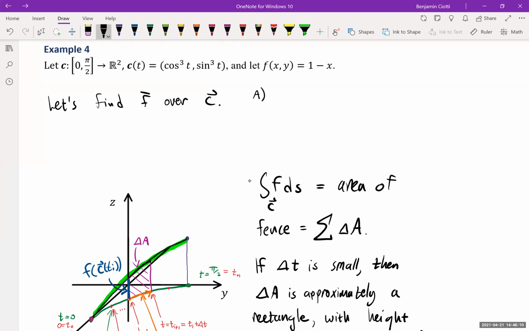Let's say A is that f average is less than a half. B would be that f average equals a half. C would be that f average is greater than a half. And D will be no idea, and I refuse to guess.